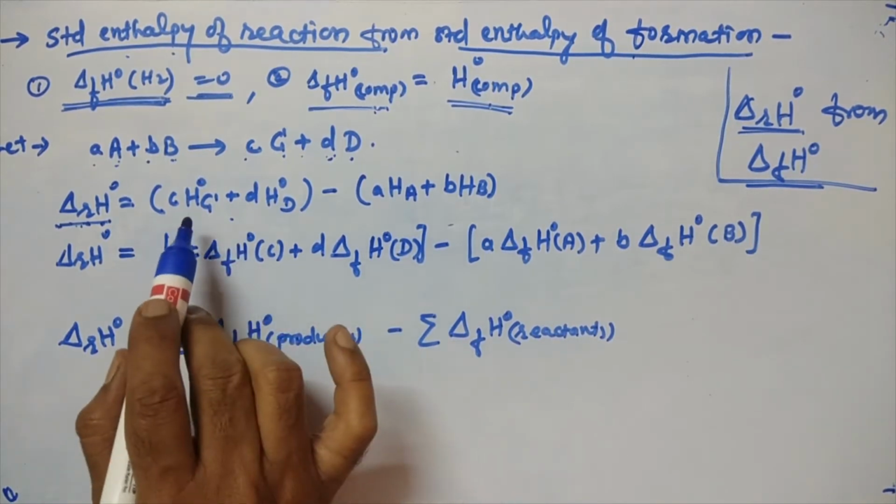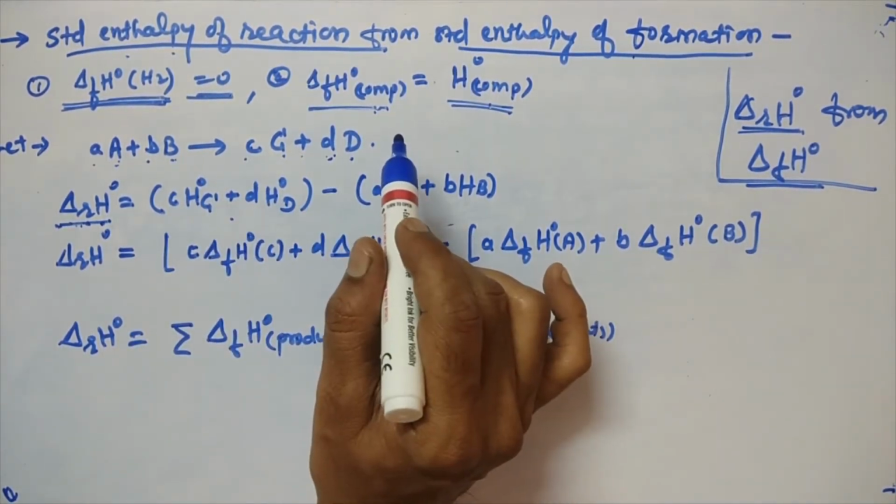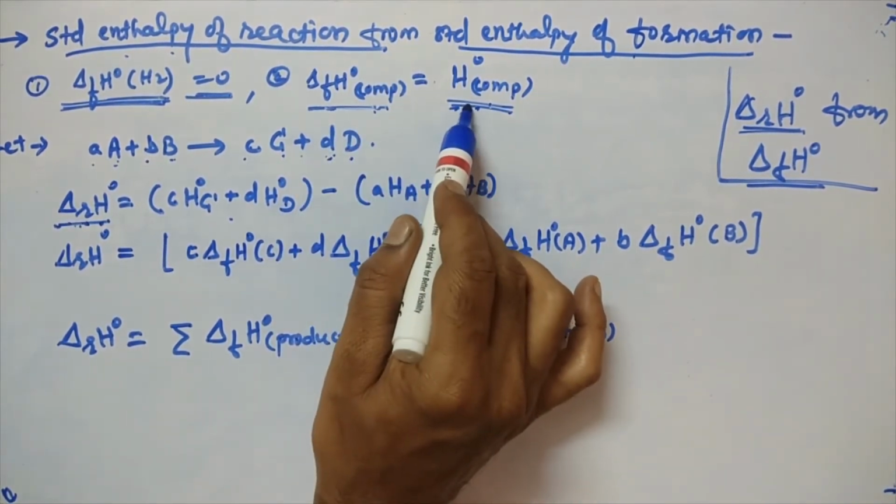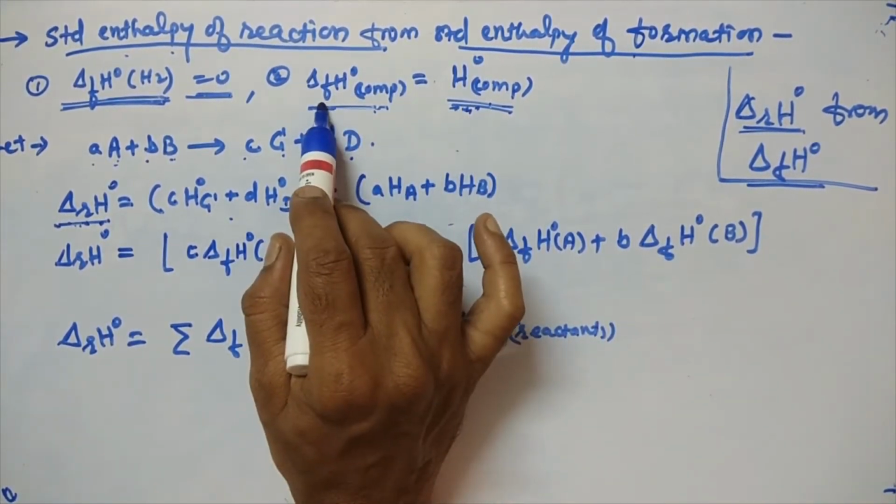As per this rule, the standard enthalpy of a particular substance is equal to its standard enthalpy of formation.